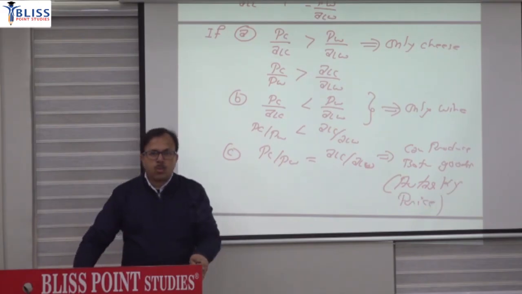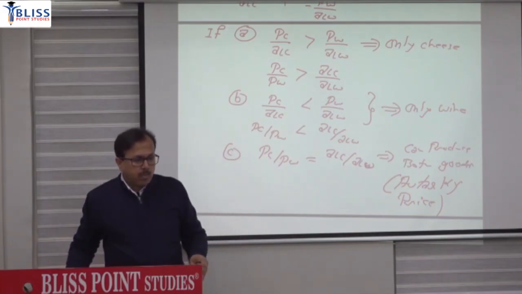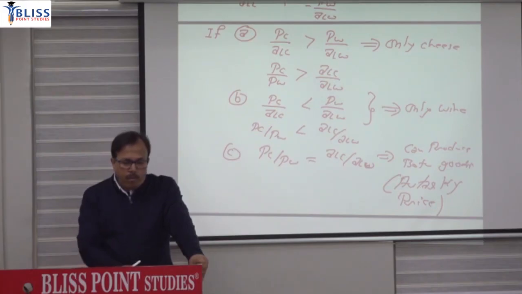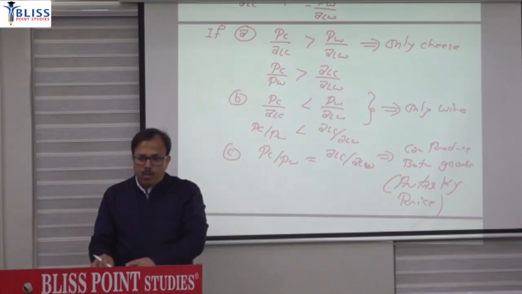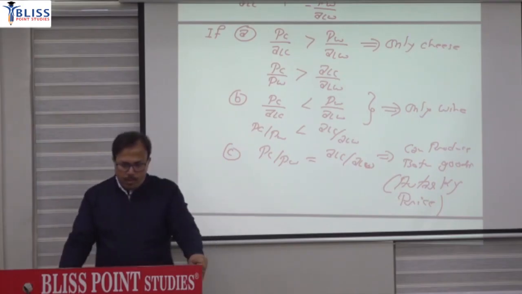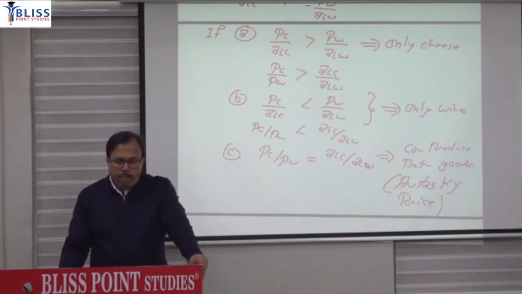Autarky means country in isolation. So prices without trade will always be equal to opportunity cost.